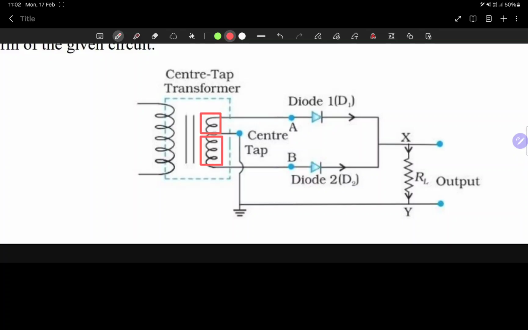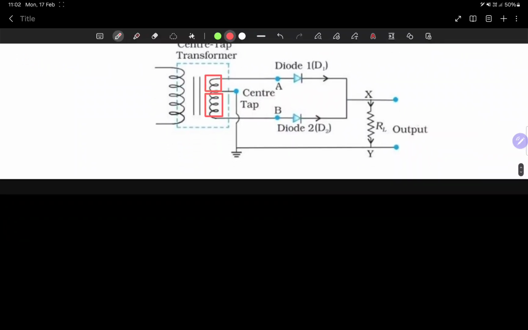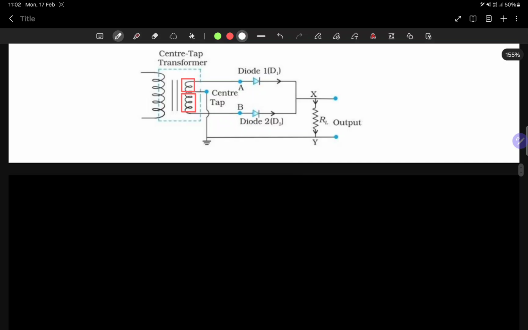Okay, are you getting my point? So you have to write the concept actually. First you have to mention the theoretical part.